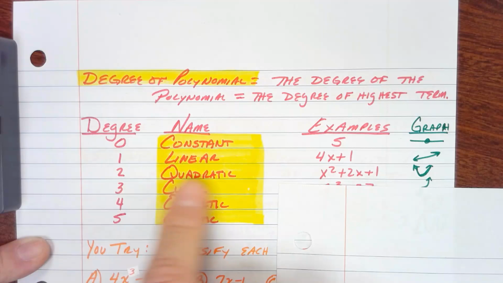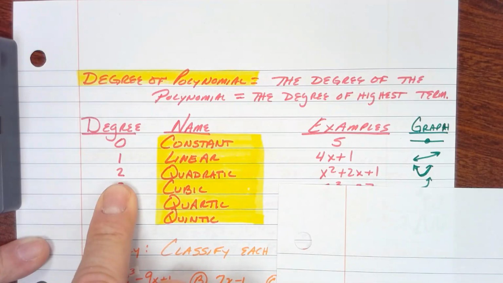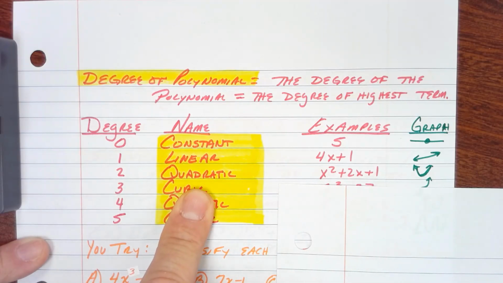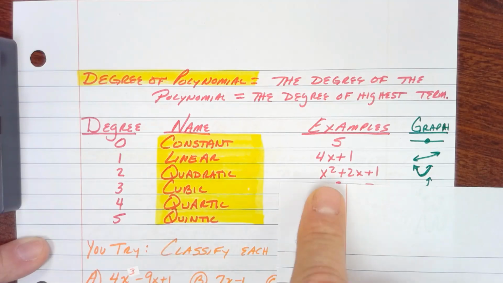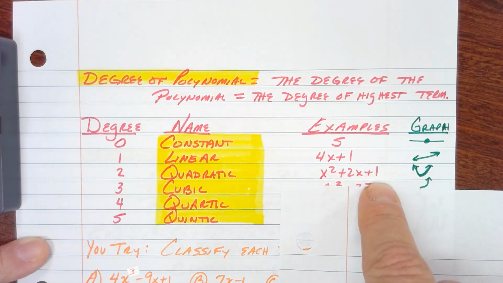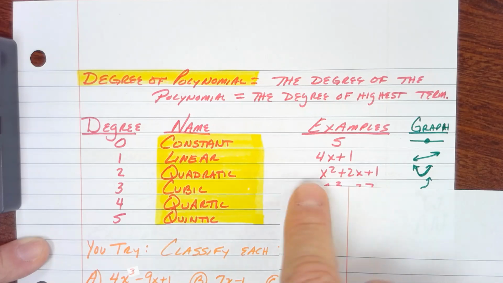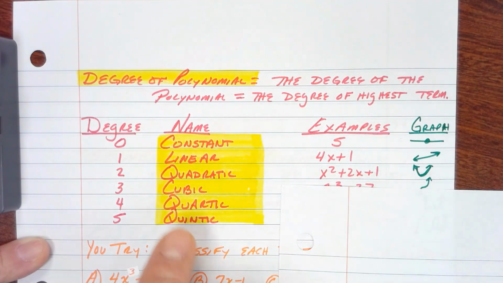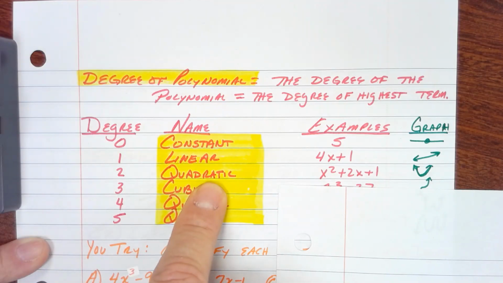The same would be true here. For a degree of 2, that's called a quadratic. As I compare these terms, this is second degree, this is first degree, this is 0 degree, this constant. So the highest degree here is 2, so the degree of the polynomial is 2, and that is a quadratic.